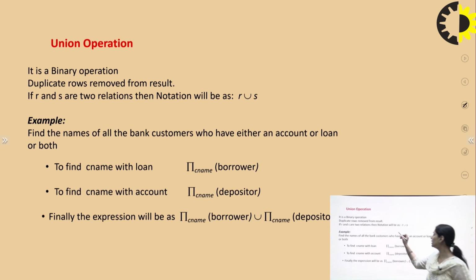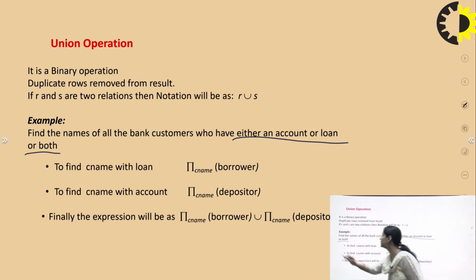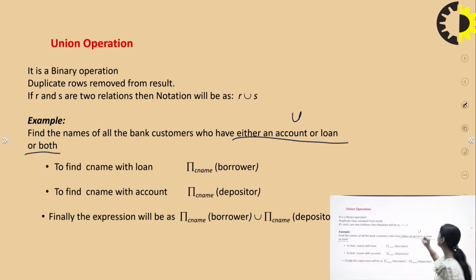So when we are talking about this part, either an account or loan or both, that means we are using the union operation. Because union operation is to be applied on two of the things, that is why it is a binary operation.